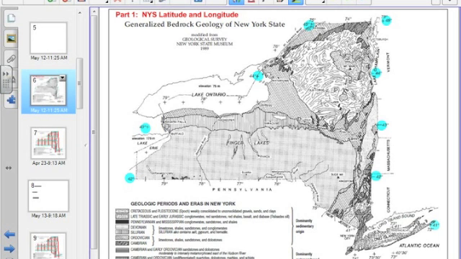Our longitude values are the imaginary lines that run from pole to pole. They measure degrees east or west of the prime meridian. All of our longitude values are going to be in the 70 some odd degrees.